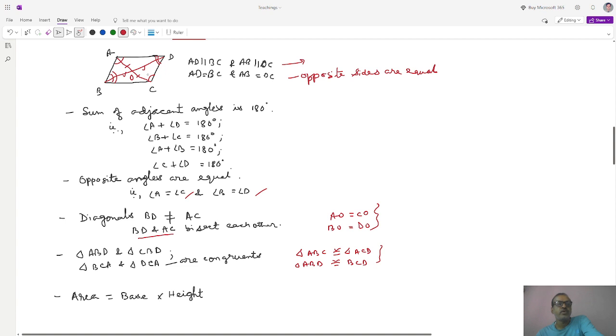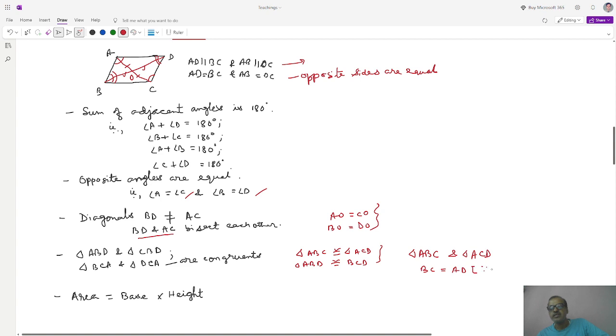Similarly, we can prove these two triangles are also congruent. If we write like that, triangle ABC and triangle ACD, BC equals AD.